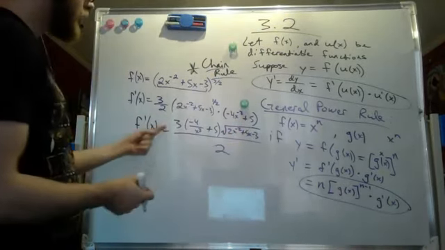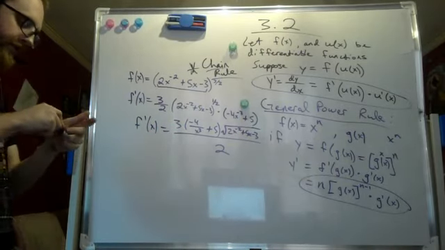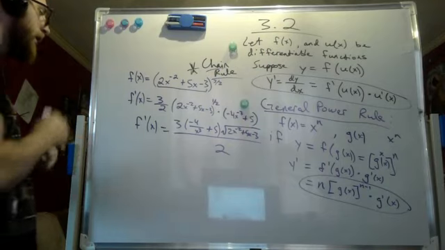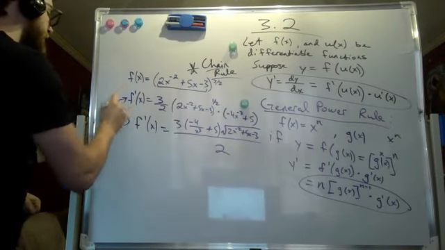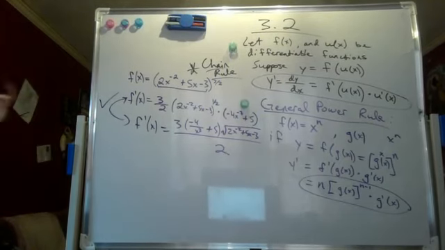And if you want, you could distribute the 3 into here. I'm not going to bother with doing that because it doesn't really matter. Either way, whichever way you prefer to write your answer, this is good. That's your final answer, and we're done.